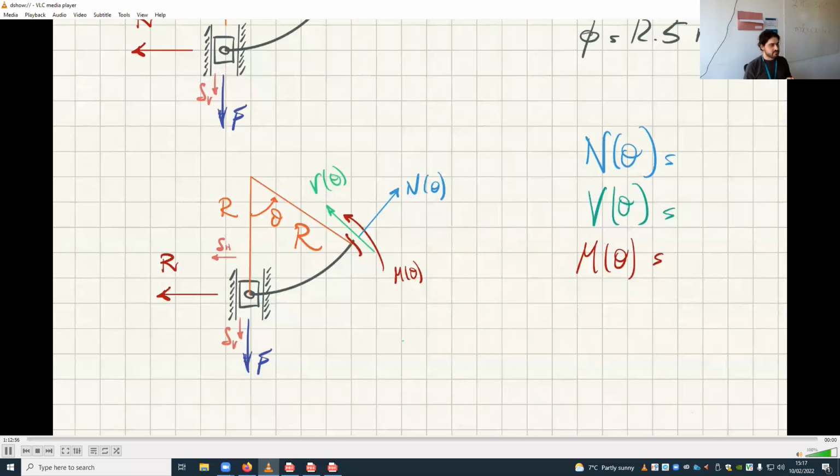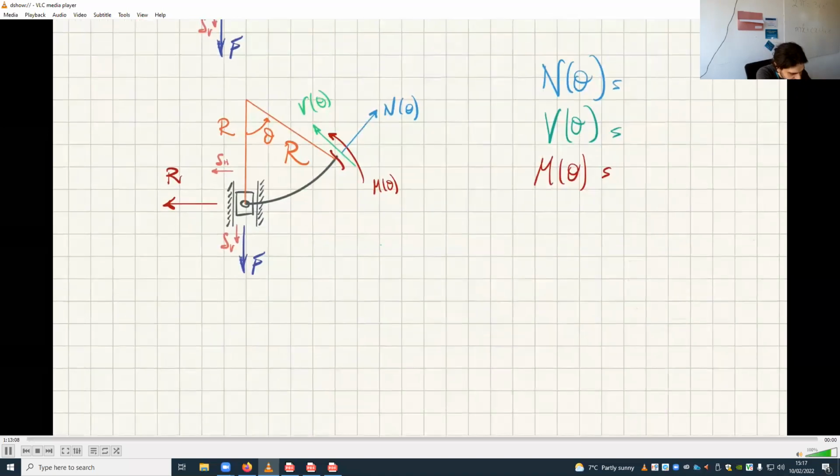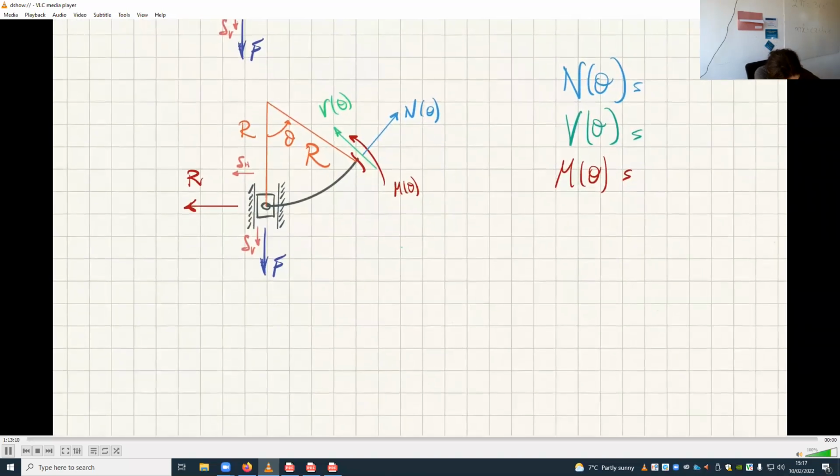Now, to do this, it's very complicated. So let's split F and R into their N and V components, a component along N and a component along V. Now, R is this force. So the N component is in this direction, and the V component is perpendicular and in this direction.